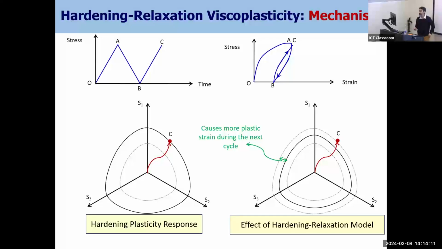So we use this concept, we call it hardening relaxation for asphalt mixture, and we call it an evolving hardening function for granular materials. And of course, the parameters that we use are different. And we think the mechanisms are similar. It is more significant in asphalt, but of course, less significant in granular materials.